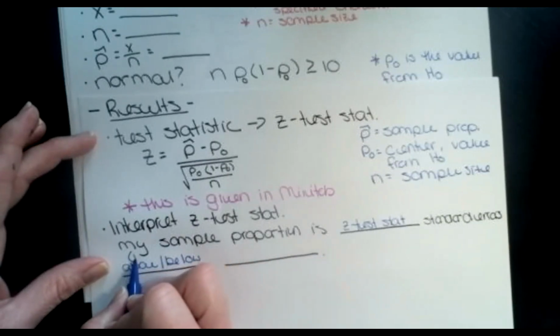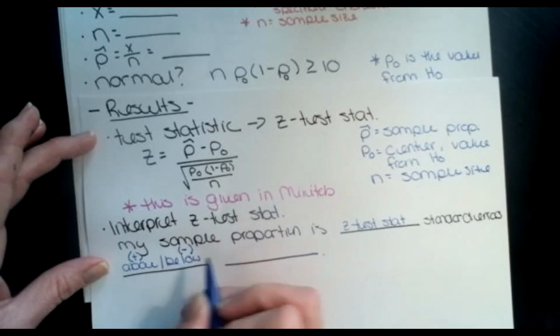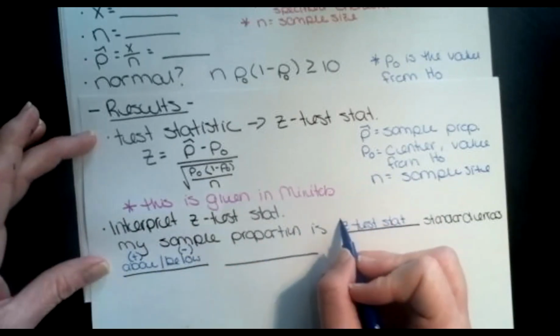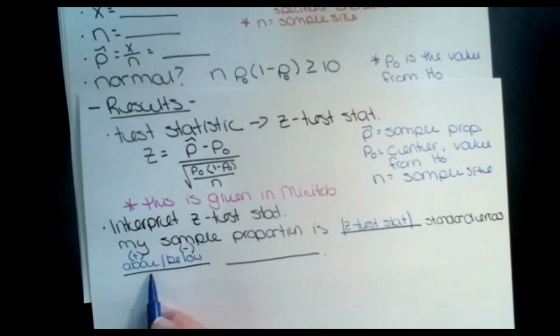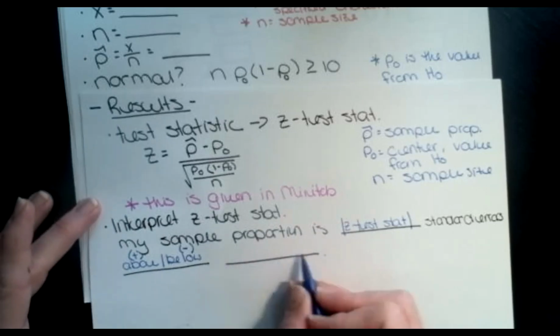Remember, above means positive, below means negative. So if my test statistic, I'm actually going to use the absolute value, is a positive number, I say above here. If it's negative, it's below, because now I've standardized it. I brought it down to a curve where the center is 0. So if it's positive, it just means it's to the right of the center. That's all we're talking about. And then I'm just going to fill in the center here.